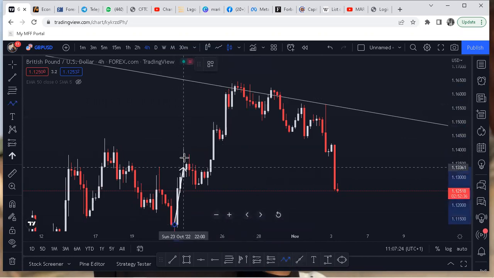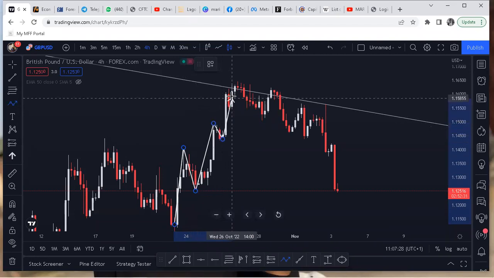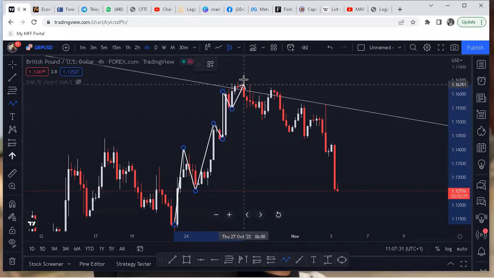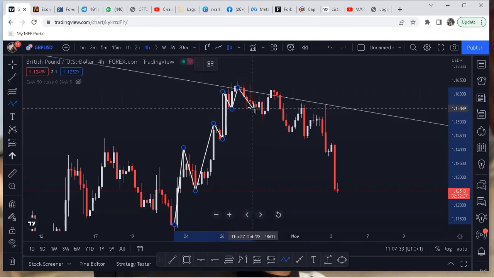This is low, high. Follow me, everybody. Low, high, low, high, low, high. Guess what? This was the change of character here, because it swept out this low, went up, then break of structure here. I told you break of structure and change of character happen almost similarly.